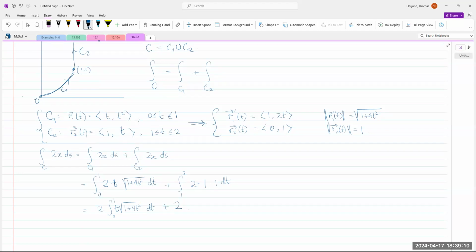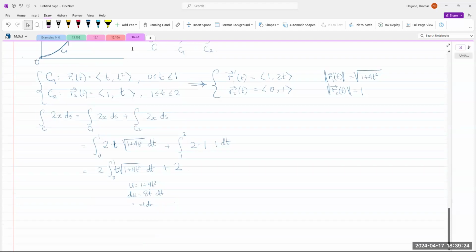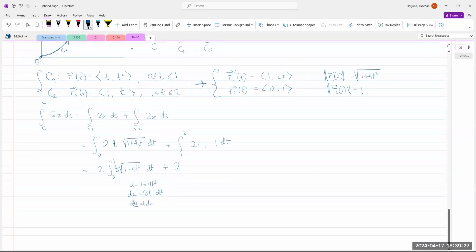Okay, I guess our issue is here. Let u equal 1 plus 4t squared, so du equals 8t dt, so t dt is du over 8. And u at 0 is 1, u at 1 is 5. Therefore this integral is 2 times the integral from 1 to 5 of u to the power of 1/2 du over 8, plus 2.